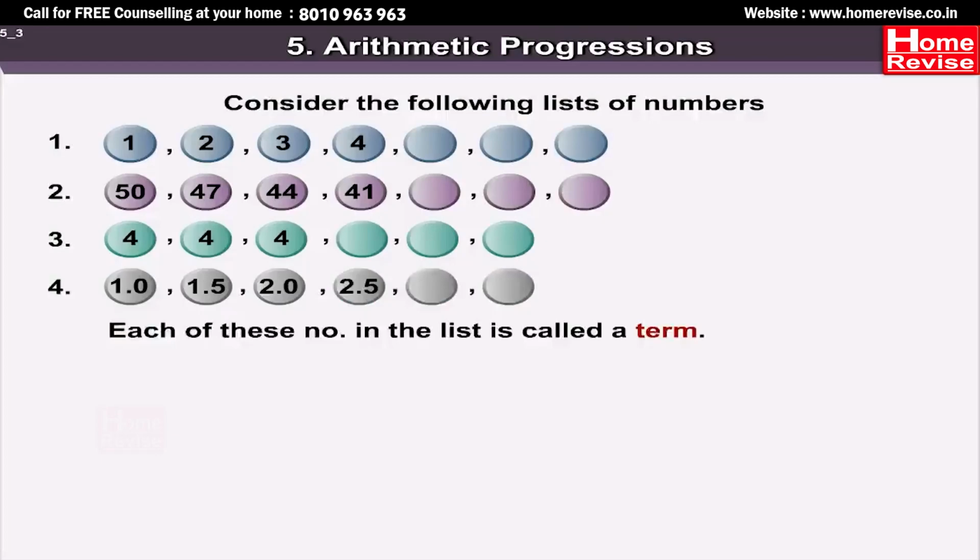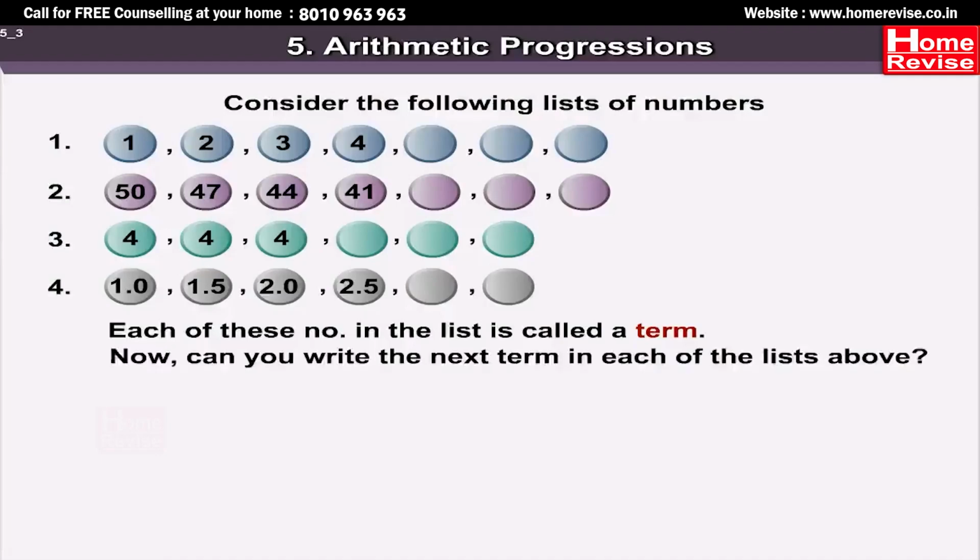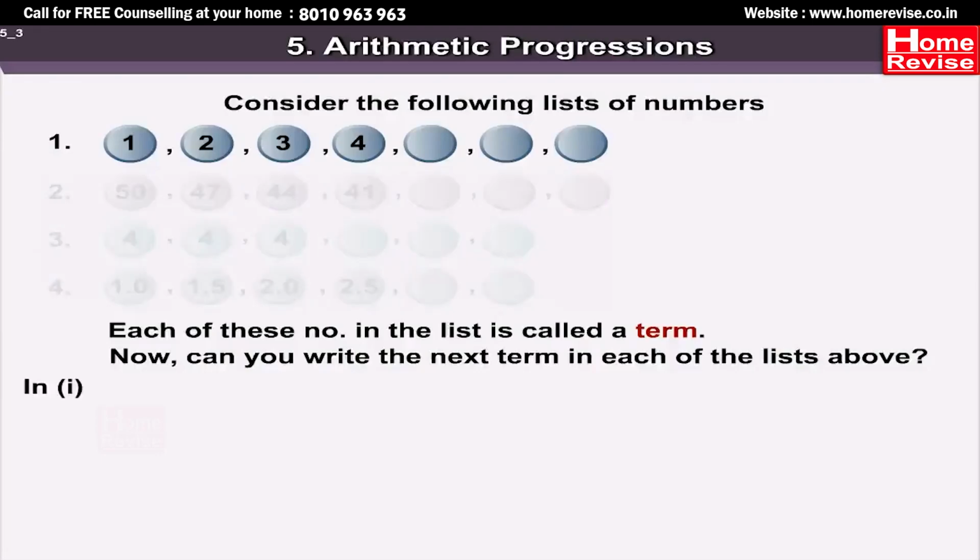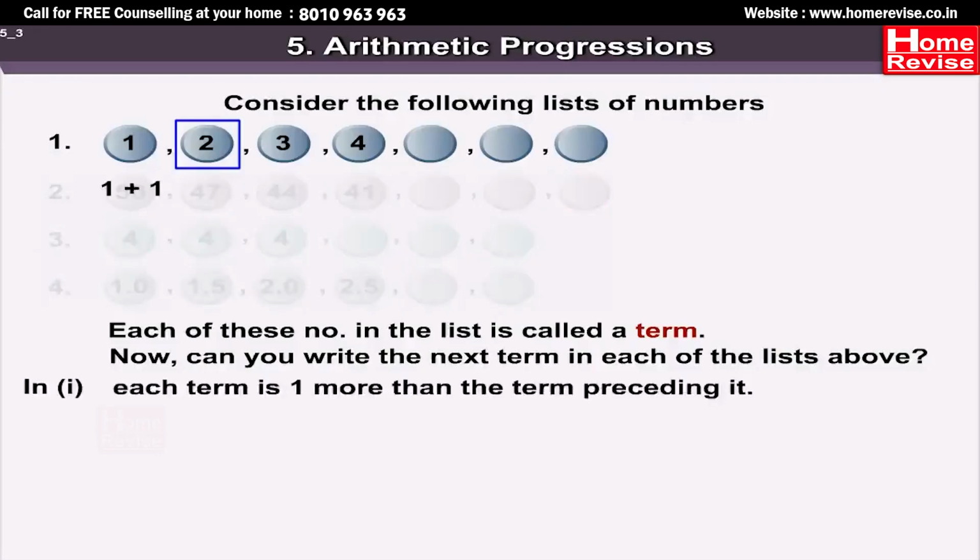Each of these numbers in the list is called a term. Now, can you write the next term in each of the lists above? In 1, each term is 1 more than the term preceding it.